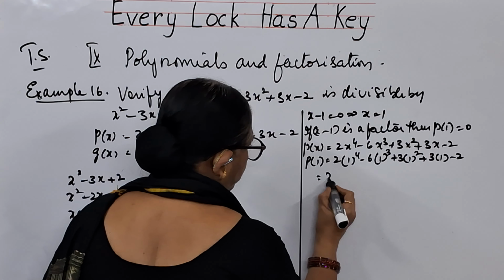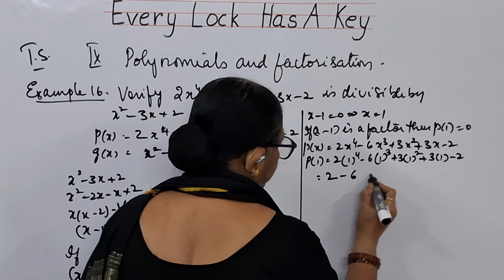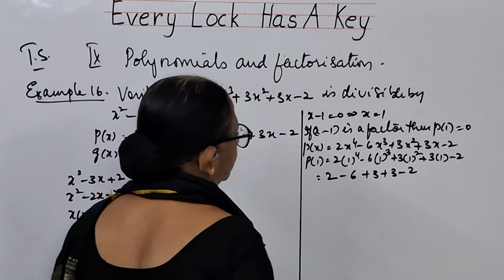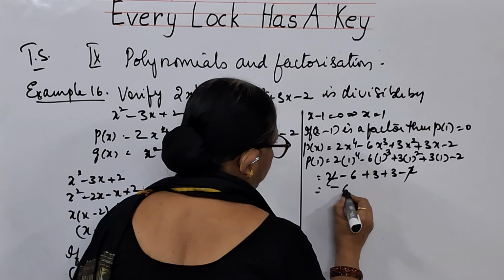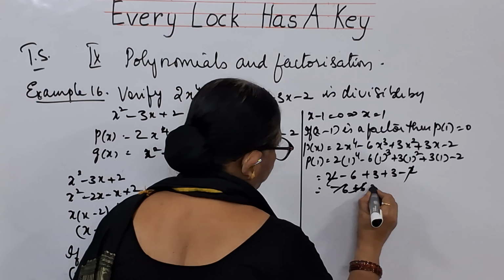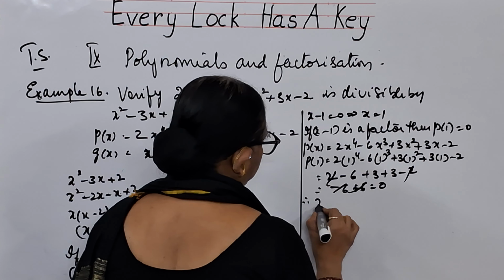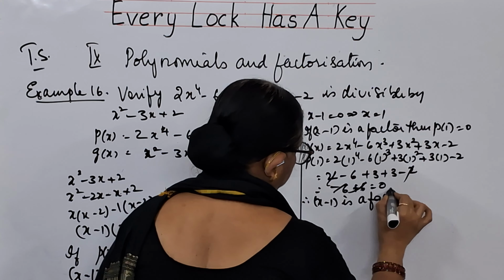So this is 2 into 1, which is 2, 1 cube means 1, minus 6, plus 3, minus 2. The plus 2 and minus 2 will get cancelled, minus 6 plus 6, these two are also getting cancelled, and you are getting 0. Therefore, x minus 1 is a factor.